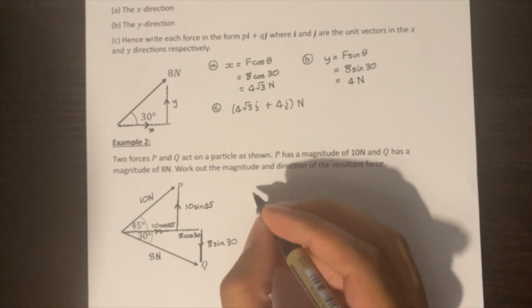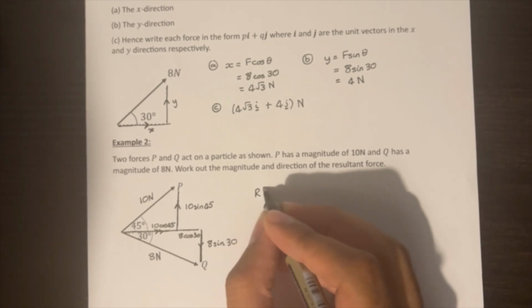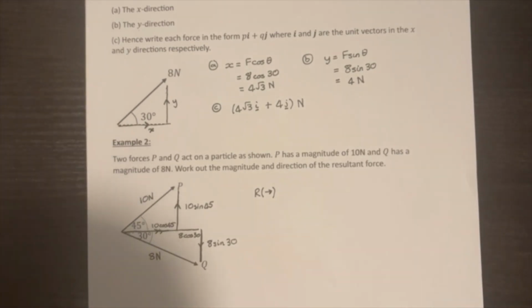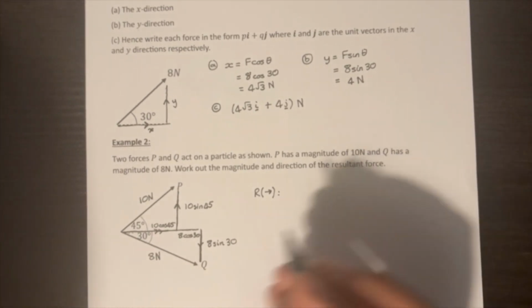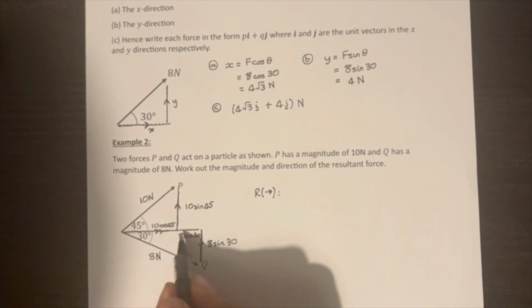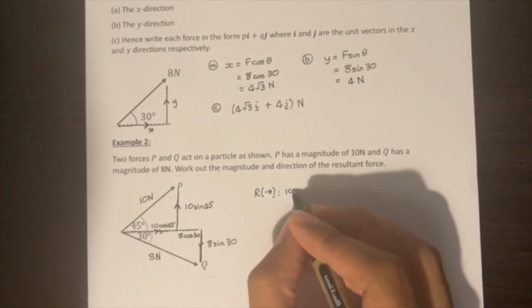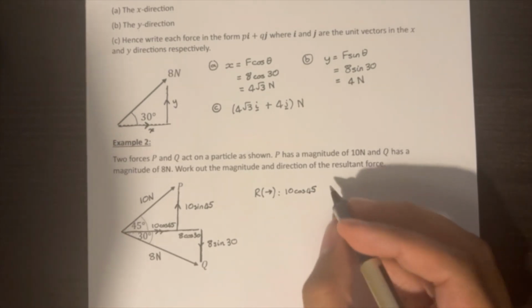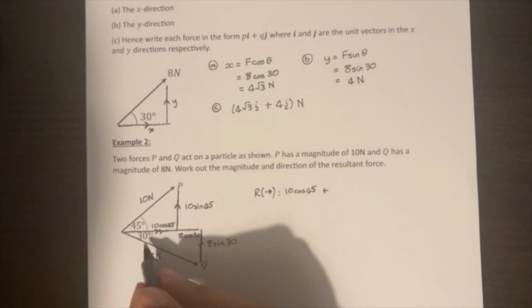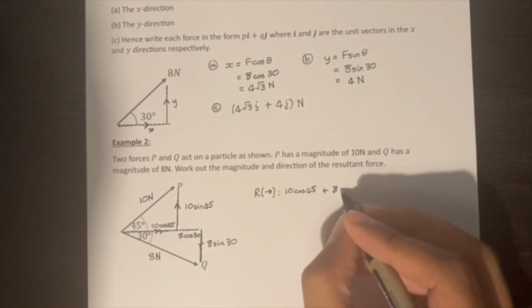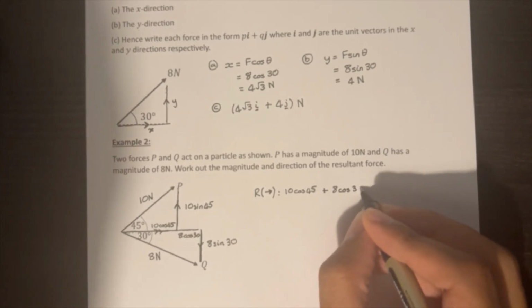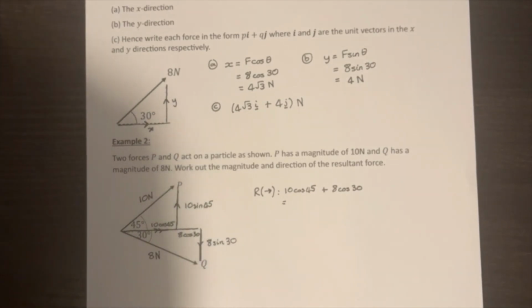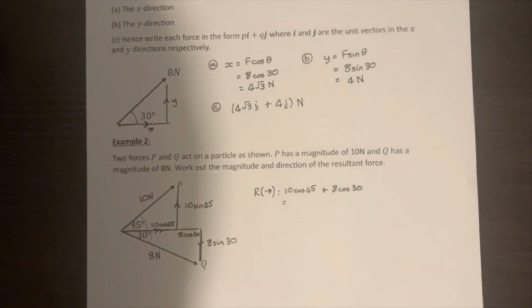So now if I think about resolving in the horizontal direction, in the horizontal direction I've got 10 cos 45 plus 8 cos 30.